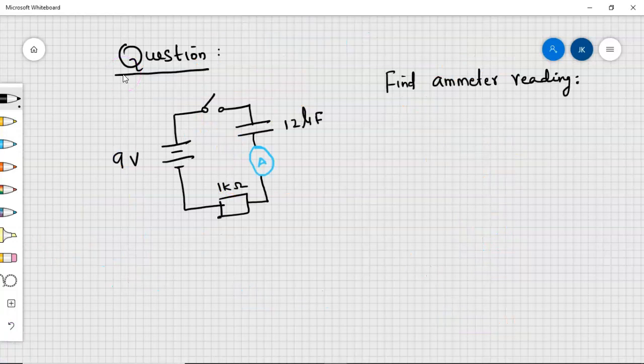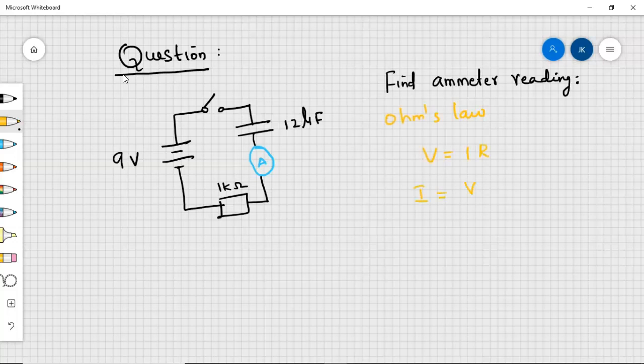Here is a question. Example: a battery contains 9 volt connected to a switch, capacitor, ammeter, and 1 kilo ohm resistor in series. Find ammeter reading. So I want to find ammeter reading, so I use Ohm's law. V is equal to IR.